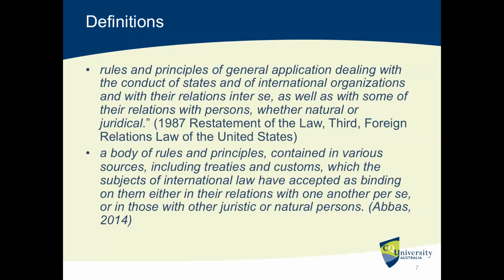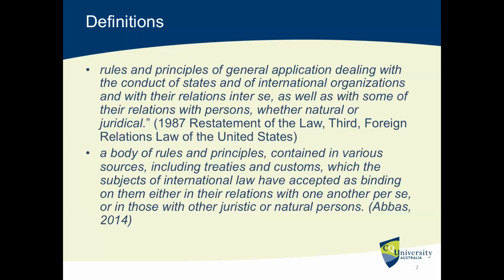Now, Abbas, who is the author of our prescribed textbook for the course, defines international law as a body of rules and principles contained in various sources, including treaties and customs, which the subjects of international law have accepted as binding on them, either in their relations with one another per se, or in those with other juristic or natural persons.